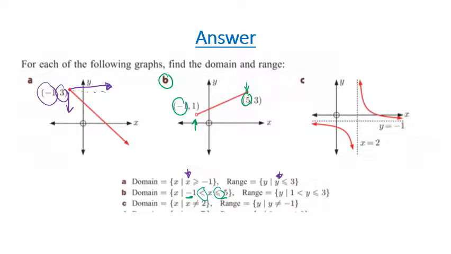With our range on the same question, we've got 1 to 3. So here we've got y being greater than 1 and less than or equal to 3, again given the hollow and the solid dots.